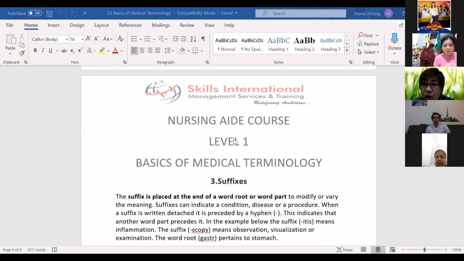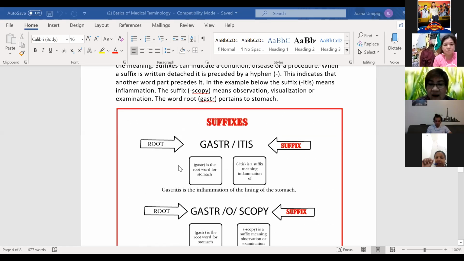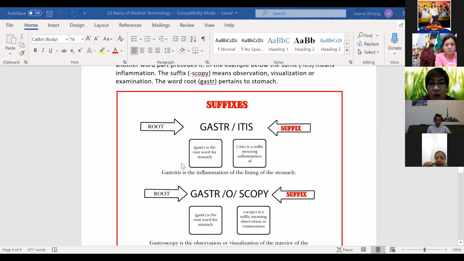The word root here is gastro. It pertains to the stomach. So in our example, the root word is gastro, and we put the suffix at the end, which is itis, and combine it together with a hyphen. It's called gastritis, the inflammation of the lining of the stomach.